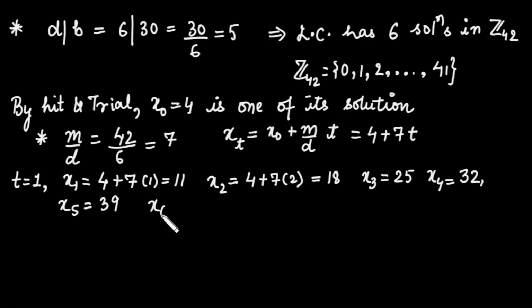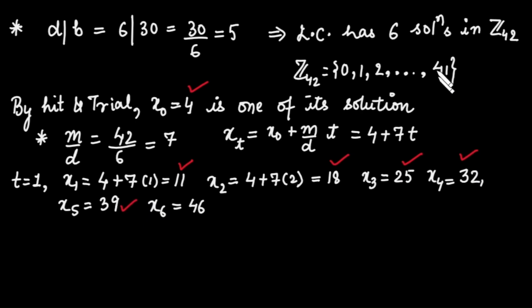If we calculate x6, that is equal to 46, and this number exceeds this set. As we need 6 unique solutions in Z42, they are 4, 11, 18, 25, 32 and 39.